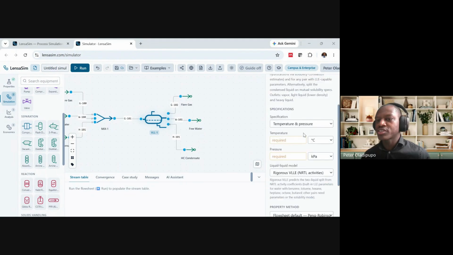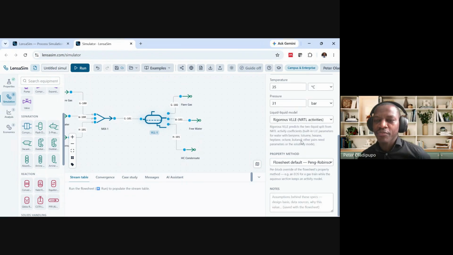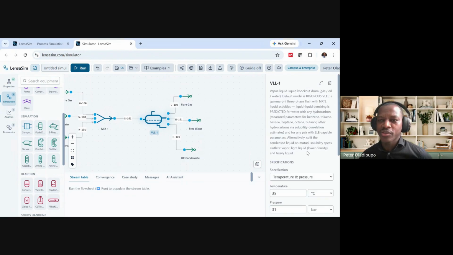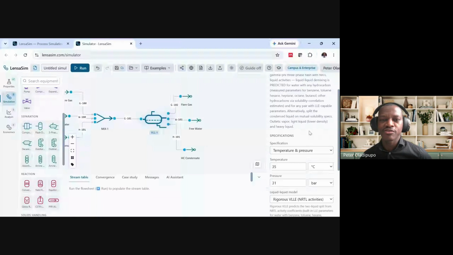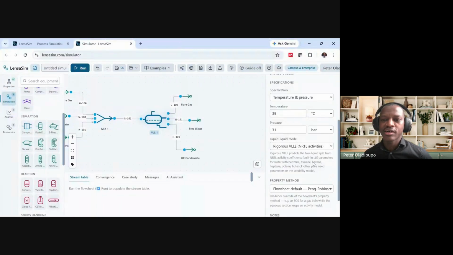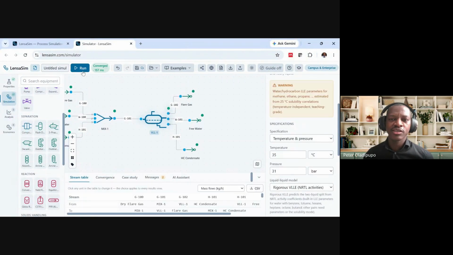So the temperature is essentially the same as the feed temperature, 35 degrees Celsius, and a pressure of 31 bar. It's usually the same as the feed conditions. With that, we've fully specified the conditions for the slug catcher. Let's see what's going to happen. Let's run it.